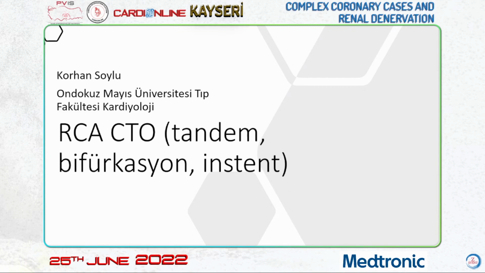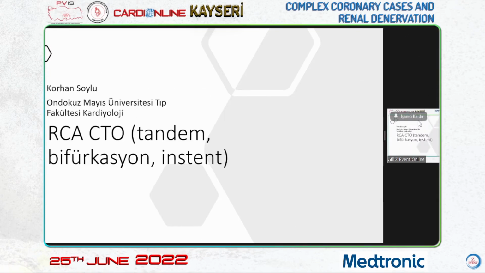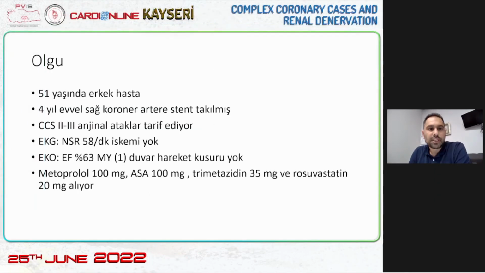A right coronary CTO case, antegrade was done. There is a tandem lesion. There are two CTO fields. Within the CTO segment, there is a bifurcation. And one of the two lesions is an in-stent lesion. 51 years old male.